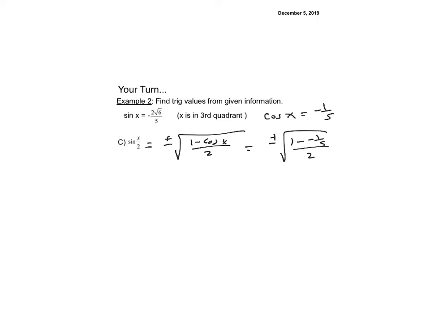A minus minus is going to give us a plus. And we're going to also have to get a common denominator of 5. So 5 plus 1 is 6/5.